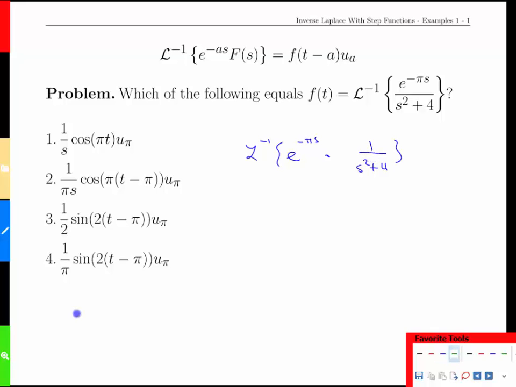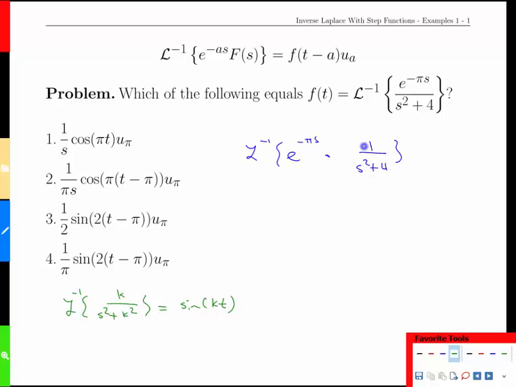What we see in our table is the Laplace transform of k over s squared plus k squared. Rather, the inverse of that would be sine of kt.